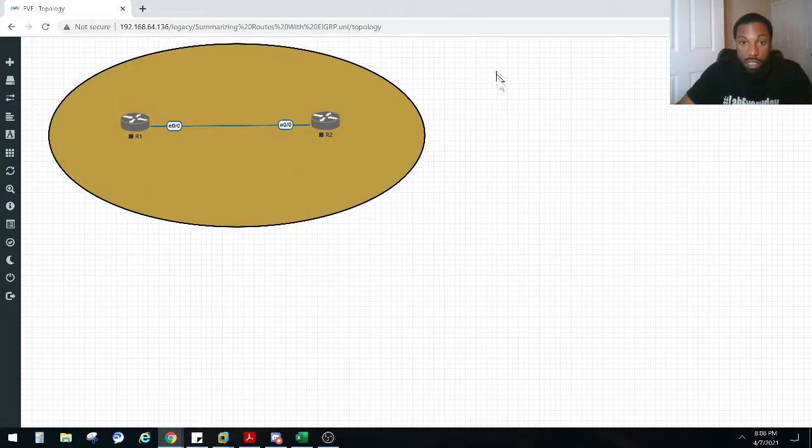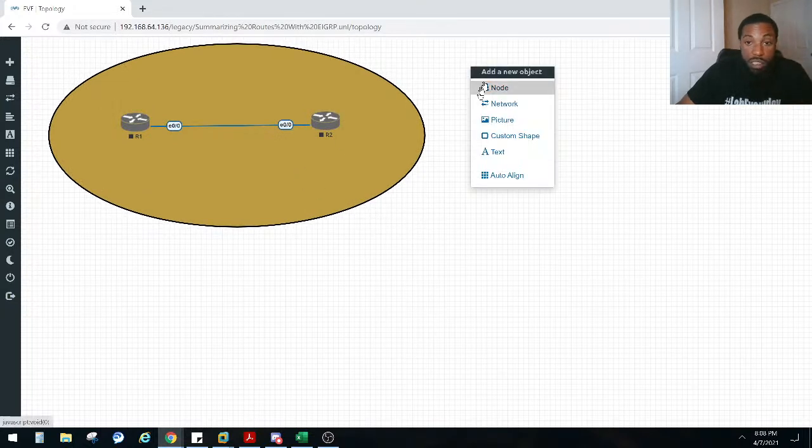Again, this is EIGRP route summarization. Basically, if you have, let's say, 900 routes in your routing table, the router has to process all of those routes and keep them in the routing table. It's a lot. So what you could do is compress the routing table from 900 routes to maybe just one route.